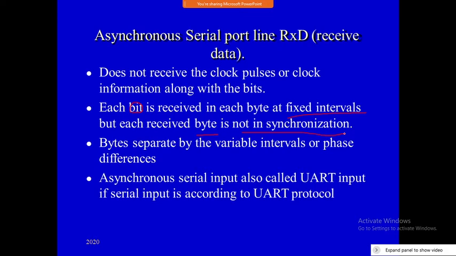One byte may be received at 1 second, another byte at 3 seconds, another byte at 5 seconds. The time variation may be there between the bytes, not the bits. Bytes are separated by variable intervals or phase differences.